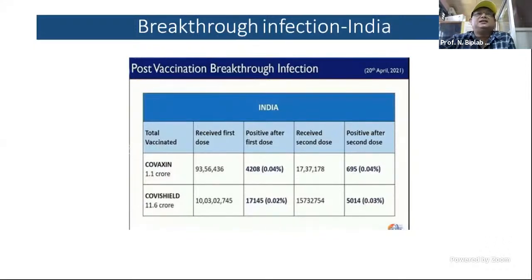When we see that the total number which has been vaccinated in India with Covaxin is 1.1 crore who received the first dose. About this is 93,56,436, and the positive after the first dose is 4,208 among the first dose vaccinated people.